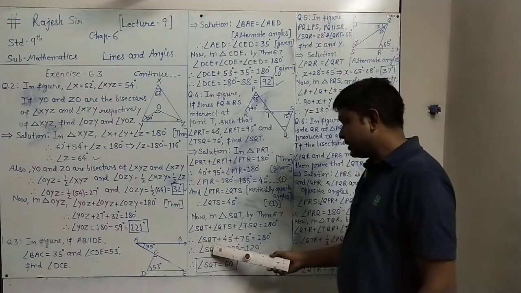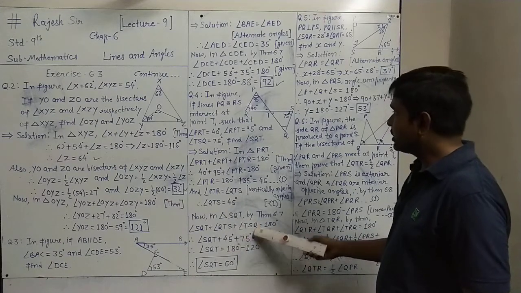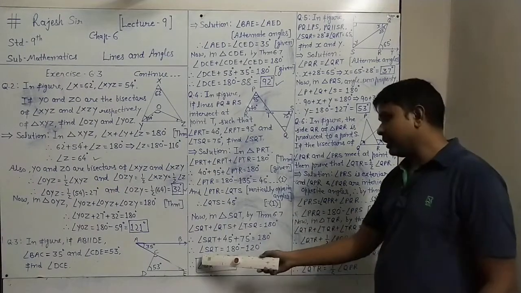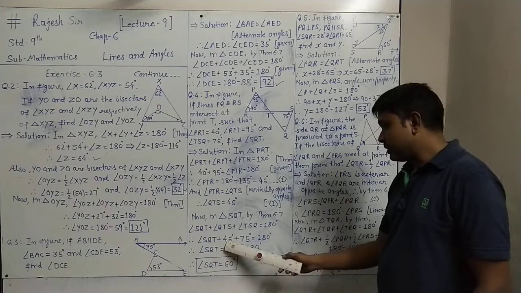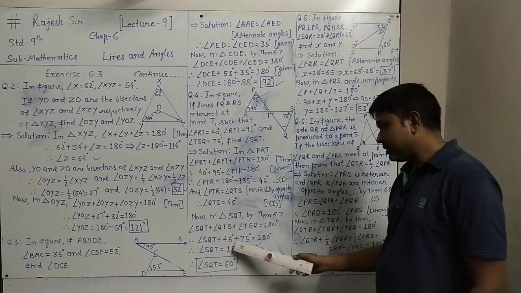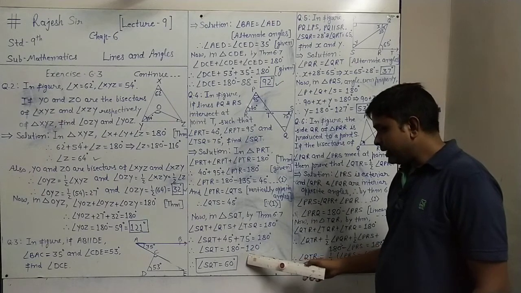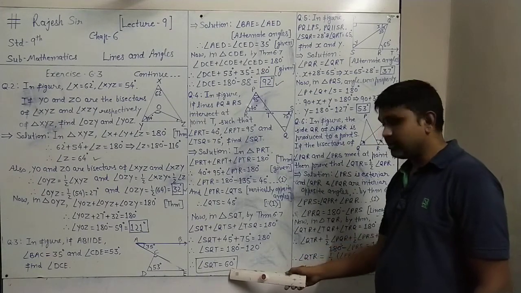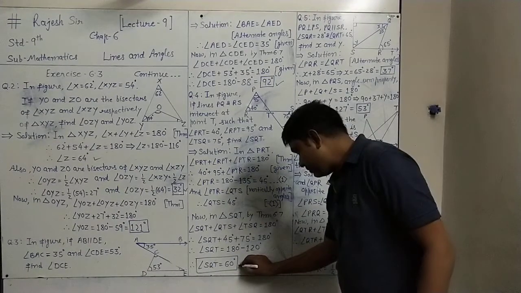Angle SQT as it is, plus angle QTS is 45, plus PSQ is given 75, equals 180. So angle SQT equals 180 minus the sum of these two, 45 and 75, which is 120. Subtracted from 180 it gives 60. So angle SQT equals 60 degrees. Finally, we have our answer.